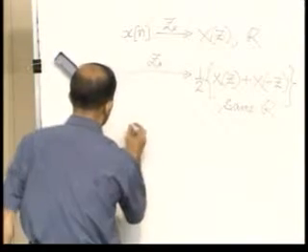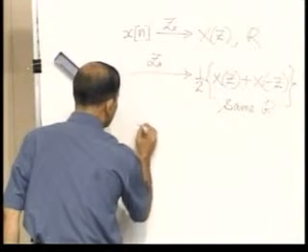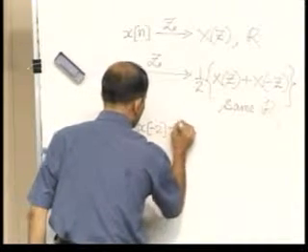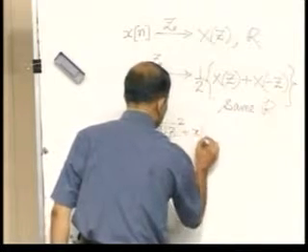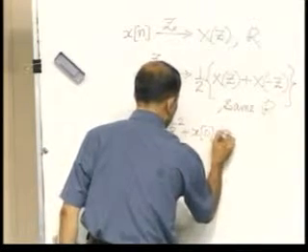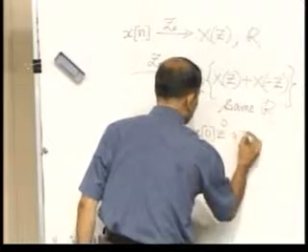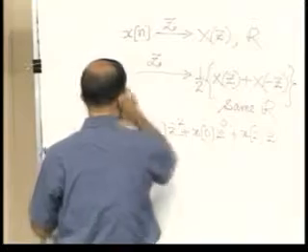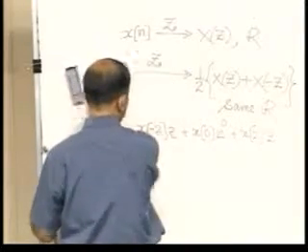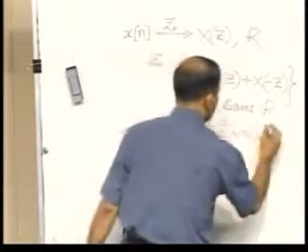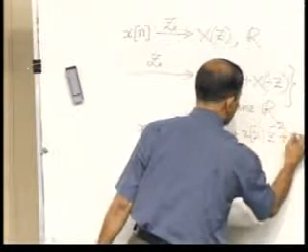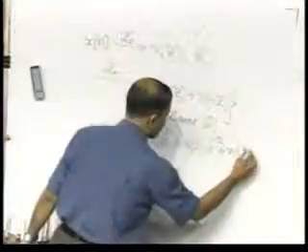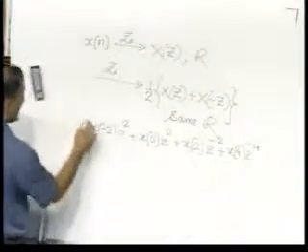What we have right now is the following expression: x[-2] z raised to the power 2, plus x[0] z raised to the power 0, plus x[2] z raised to the power minus 2, plus x[4] z raised to the power minus 4, and so on.